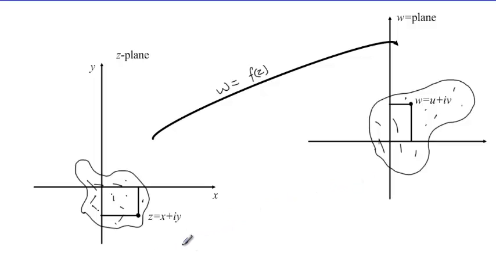Now, these mappings actually have their own long theory and ways to do them, but we're not going to engage ourselves with that now. What I'm going to do next is give you an example of a complex function and then discuss it with an aim of focusing on the structure of a complex function.